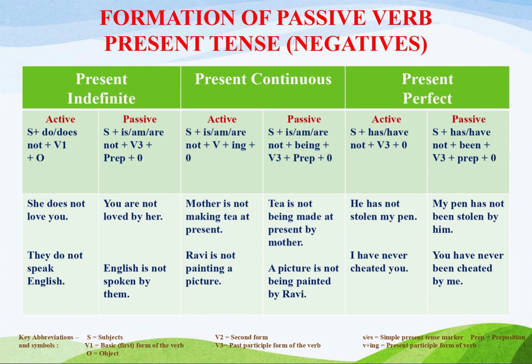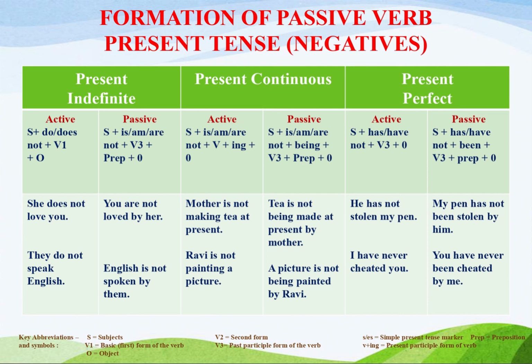Now we move on to the present perfect negative sentence. Subject plus has or have not plus third form of the verb plus object. This will get converted into subject plus has or have plus not plus been plus third form of the verb plus preposition that is by plus object.